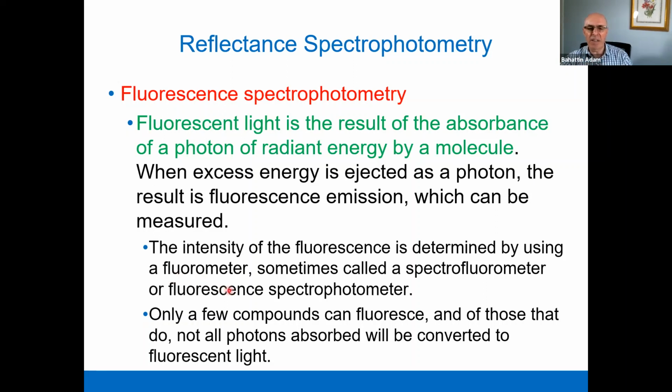The intensity of the fluorescence is determined by using a fluorometer, sometimes called a fluorescence spectrophotometer. Only a few compounds can fluoresce, and of those that do, not all photons absorbed will be converted to fluorescent light.